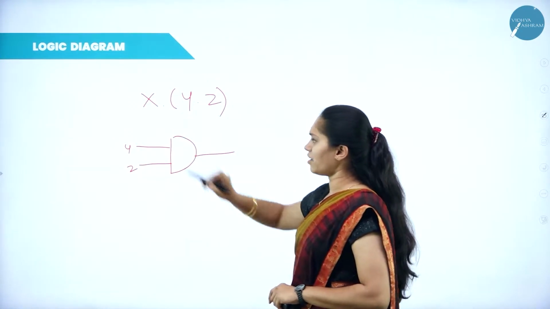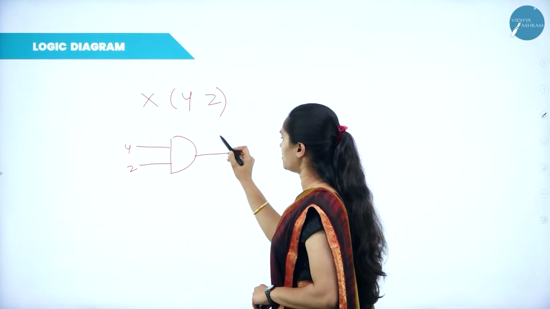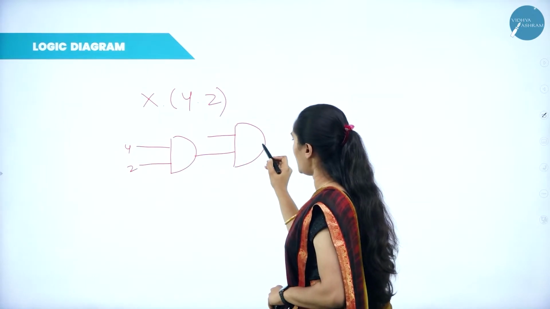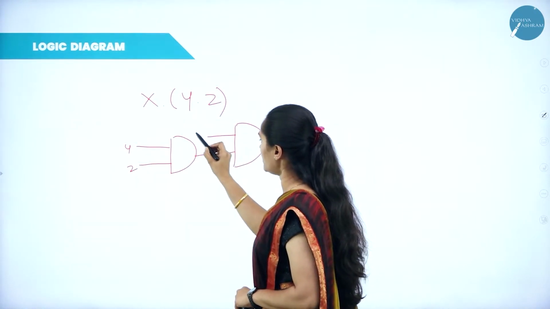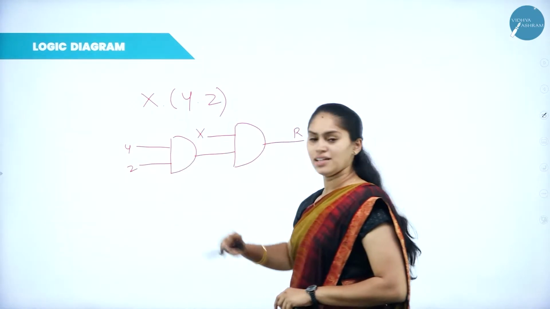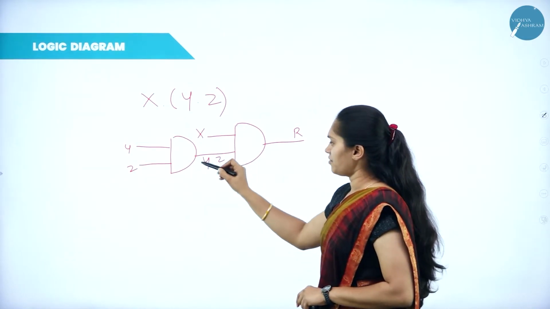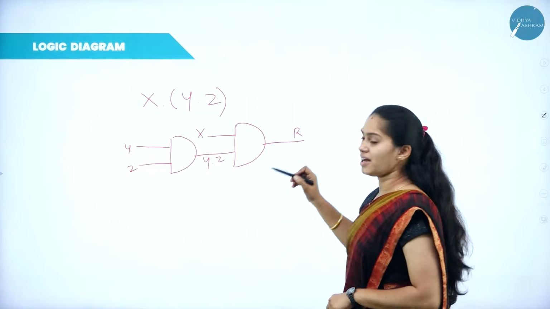But here, I need to multiply that with x. How can I do that? By adding another gate, this will give the resultant. This is the x value. So y into z will give us y dot z. If I ANDed this with x, that will give the resultant.